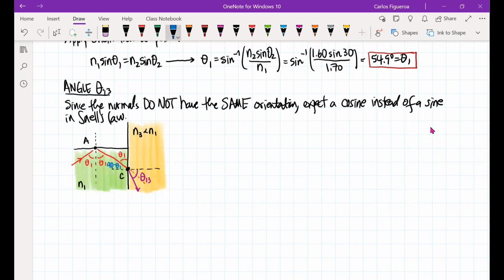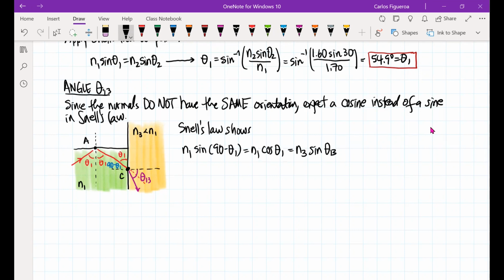Now I can apply Snell's law. Snell's law shows that N1 sine of 90 minus theta 1, again, N1 cosine of theta 1, has to equal N3 sine of theta 1,3.